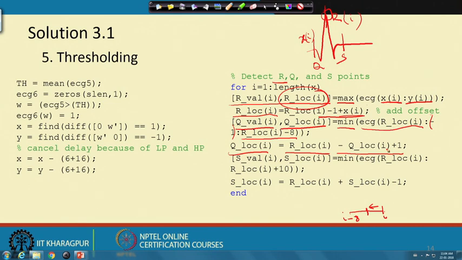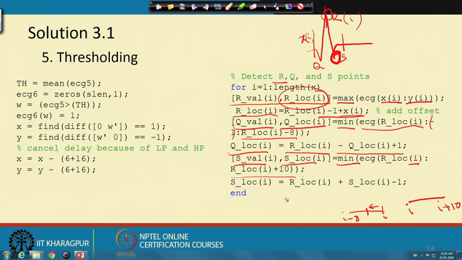Next, we look for the s location, which is again from r location I to I plus 10. That means, if the r is here, the 10 samples after that r location we would check to find out the minimum, and we store the value here, s value, and s location keeps that index, but again it is within these 10 samples.